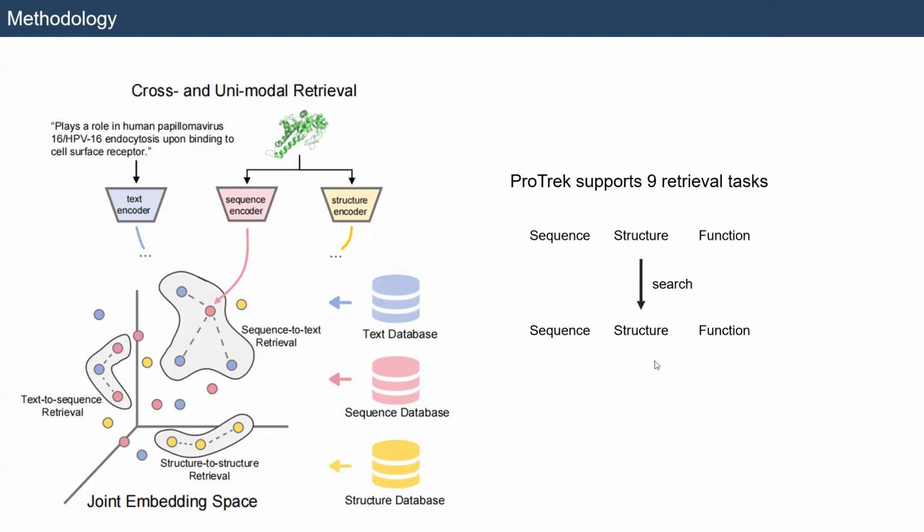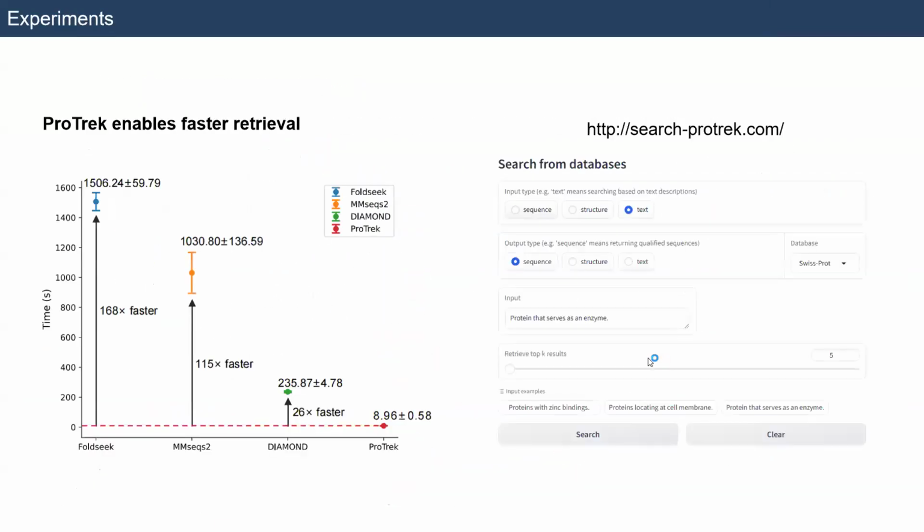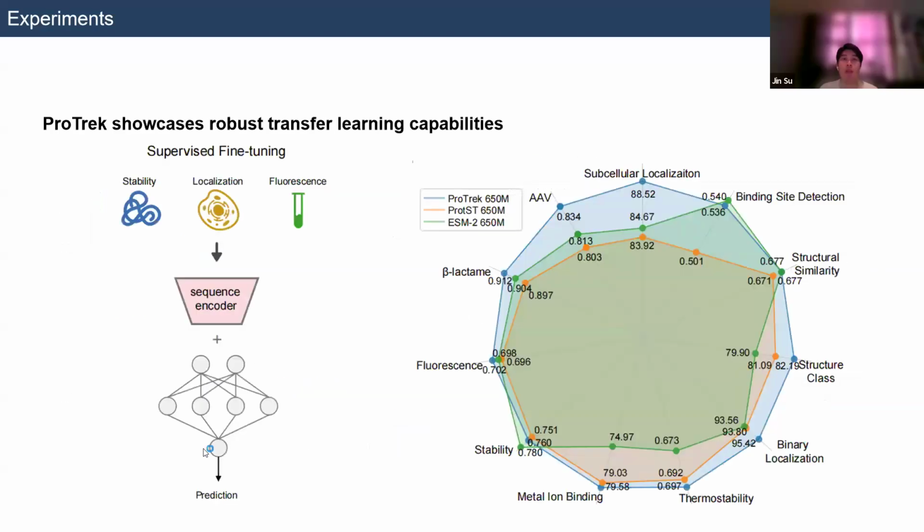So can fine tuning be done just on the sequence, or do you need all three tracks to do the fine tuning? Do you mean by this figure? Yes. Okay. For this fine tuning, we follow the normal paradigm. We only use the sequence encoder, because the sequence encoder here is the backbone of ESM-2.